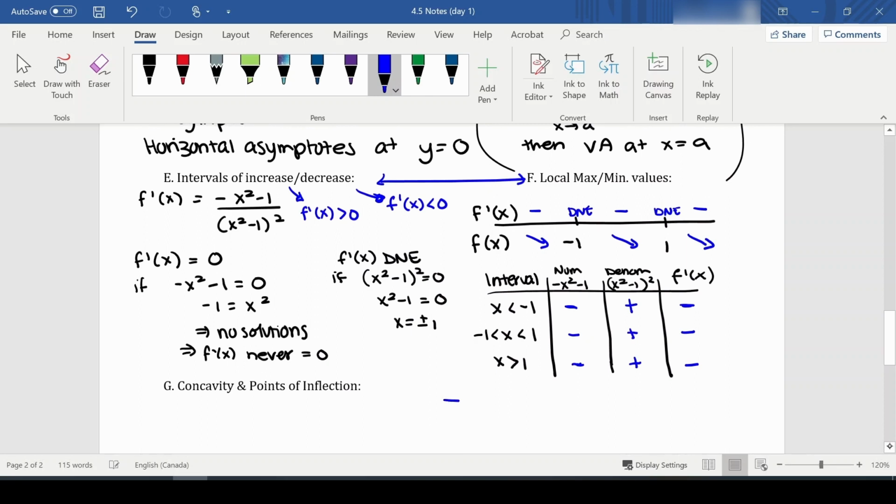I'm never increasing. And because my f prime is never switching signs, there is no max or min. If there's no max or min on a function, that means this thing must be going to infinity and negative infinity. So it's never increasing, this function.